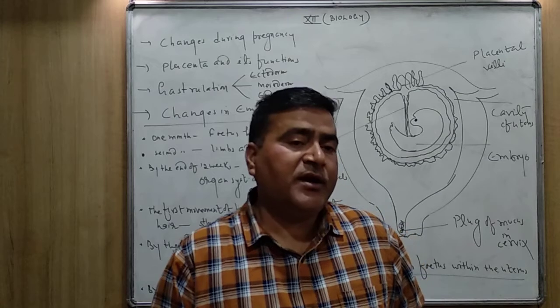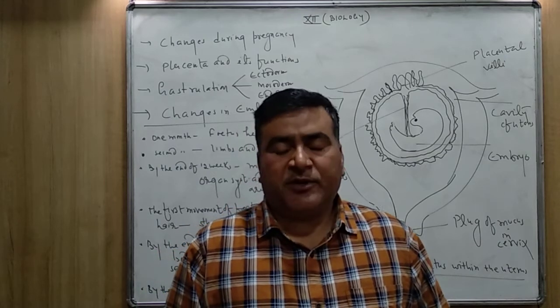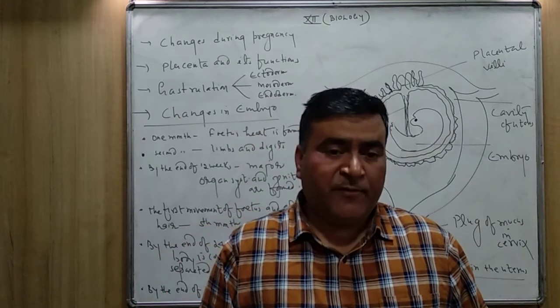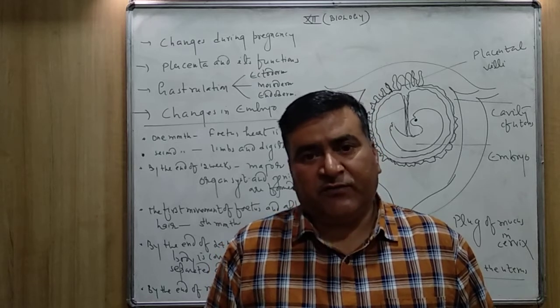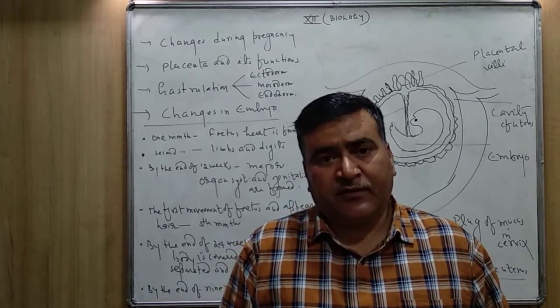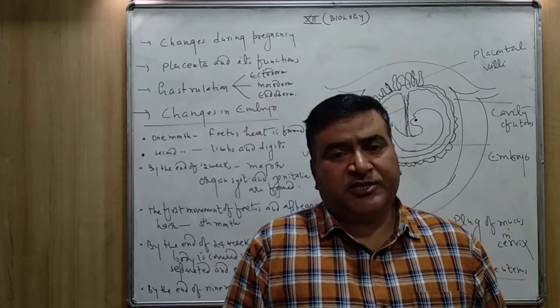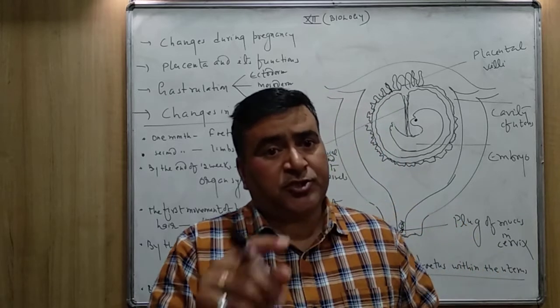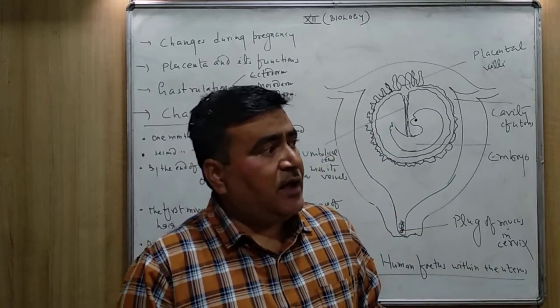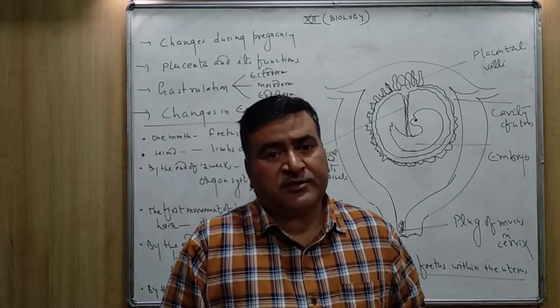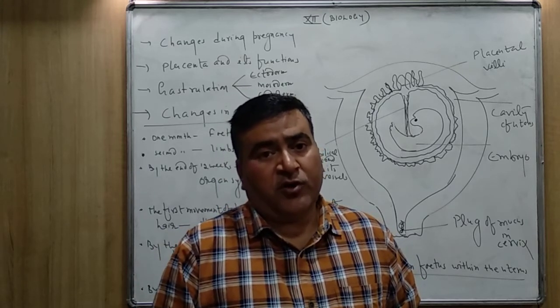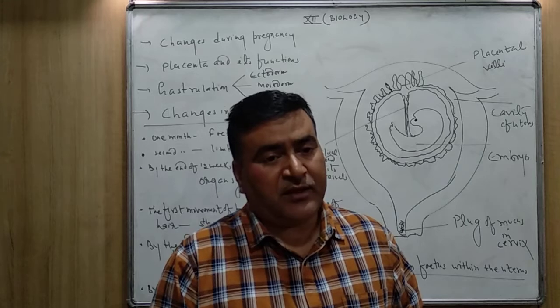As I told you, implantation is the process of the attachment of blastocyst to the wall of uterus. As you know, in the blastula stage, the outer layer is trophoblast, and that trophoblast helps to form chorionic villi.